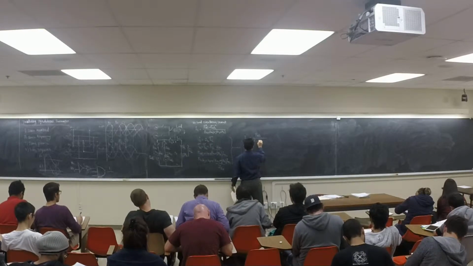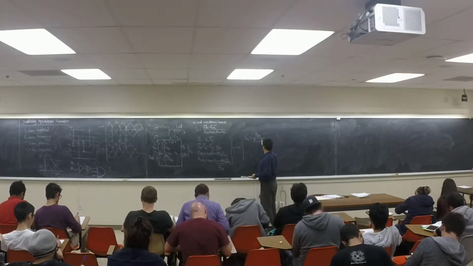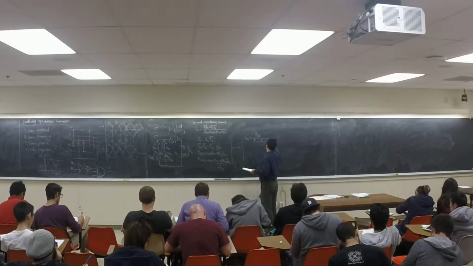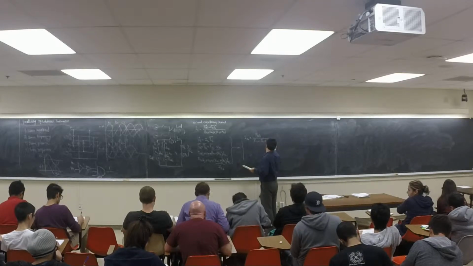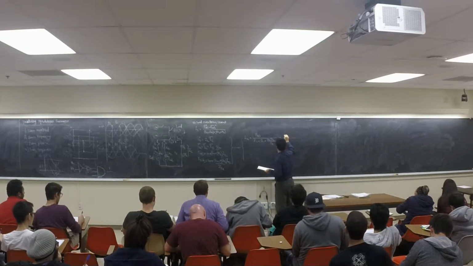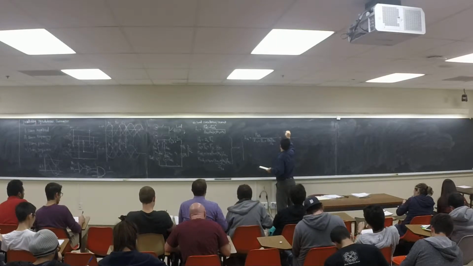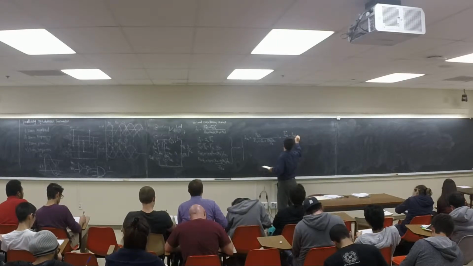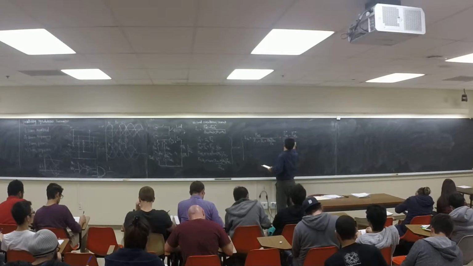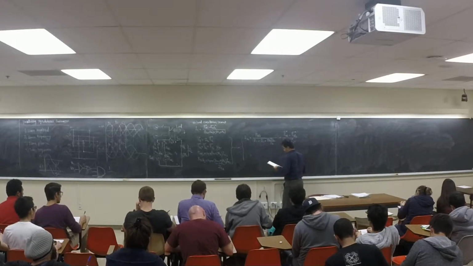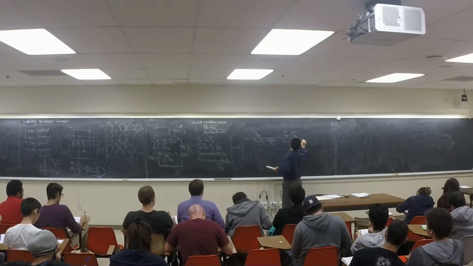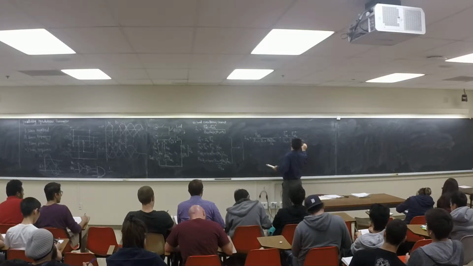It's going to be ZS1 plus ZL plus ZS1 ZL over ZS2, plus EAF1 minus EAF2 divided by ZS1 plus ZS2 plus ZS1 ZS2 over ZL, plus this.